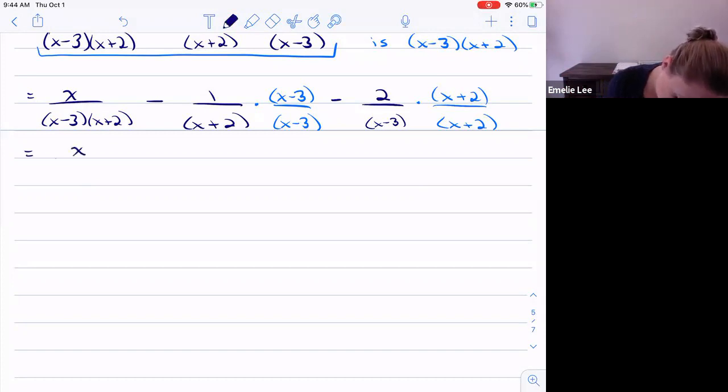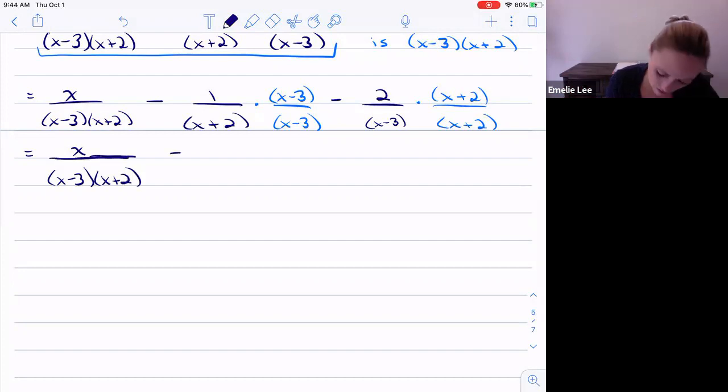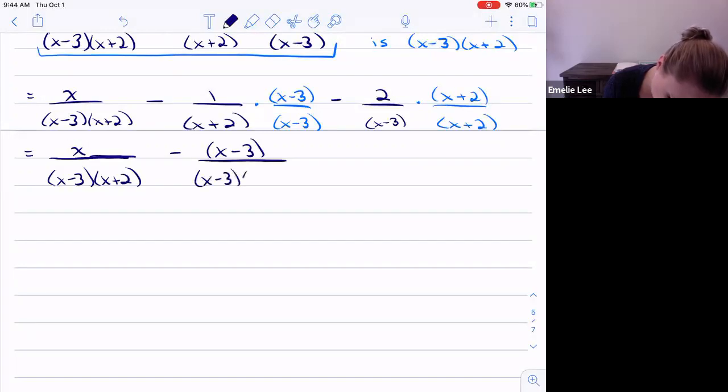So this becomes x over (x minus 3)(x plus 2), minus 1 times (x plus 3)... I'm just going to write x minus 3 divided by, and here I'm going to rewrite the order just to match the first one. So (x minus 3)(x plus 2), but we force them to be the same, so we're safe.